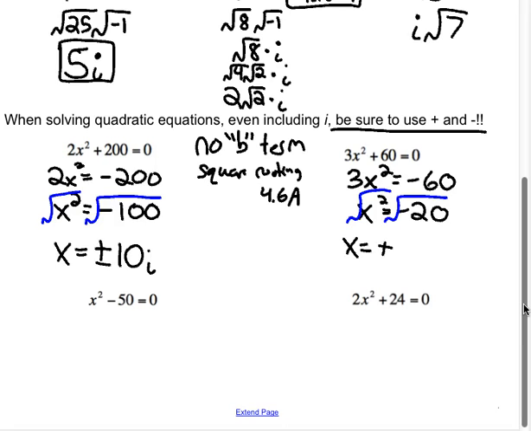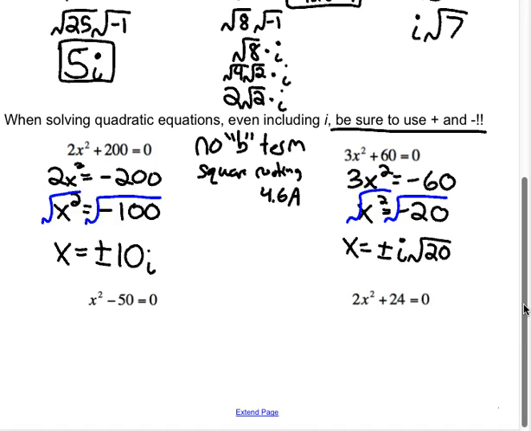You always get a plus or minus. Right away, I know I'm square rooting a negative. So because I'm square rooting a negative, right away, I'm just going to pull that i out. I'm not even going to take my time to show square root of negative 20. I'm just going to pull it out right away.